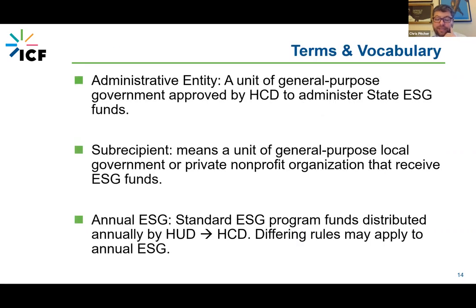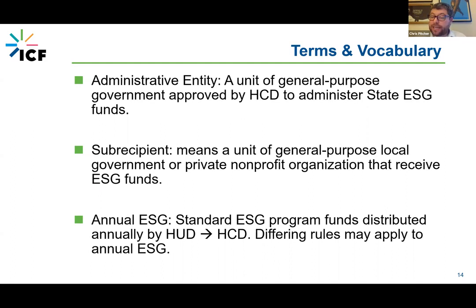There are a few terms we need to understand as the structure of the state of California is complex. So we use the term administrative entity. That is almost always going to be a unit of general purpose government that HCD has contracted with to administer the ESG and ESG-CV funds. When we use the term subrecipient, we're talking about usually a unit of general purpose local government or a nonprofit that receives ESG funds from the state of California or ESG-CV funds from the state of California.